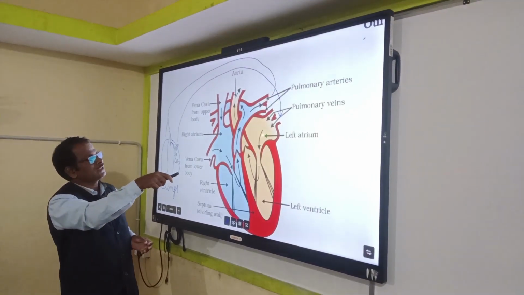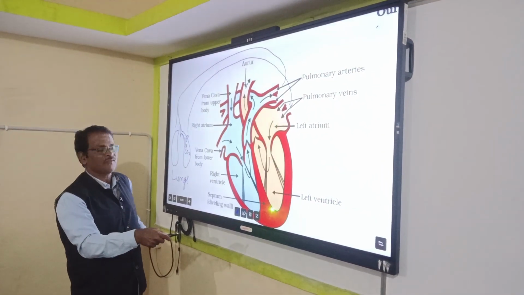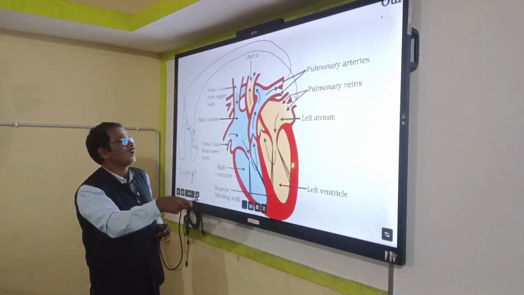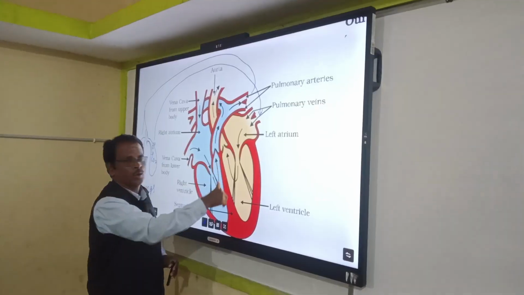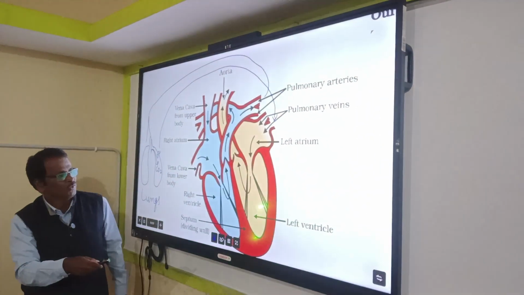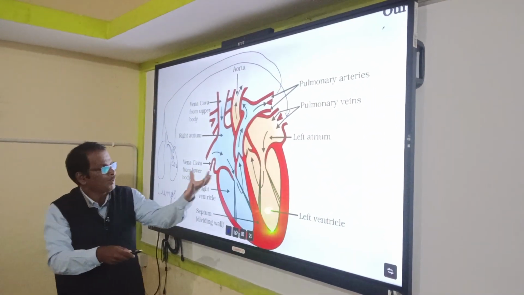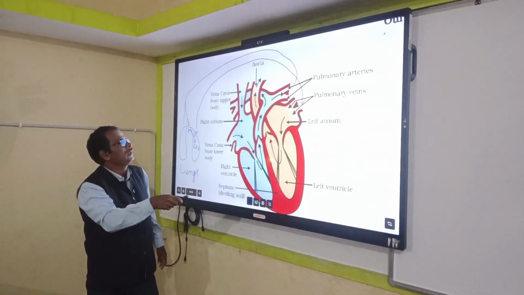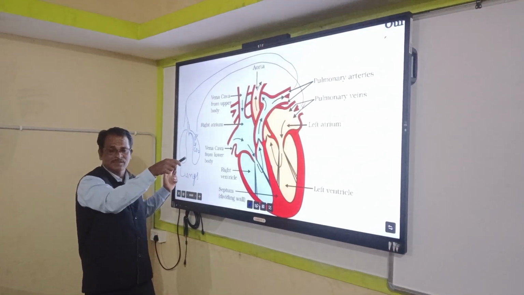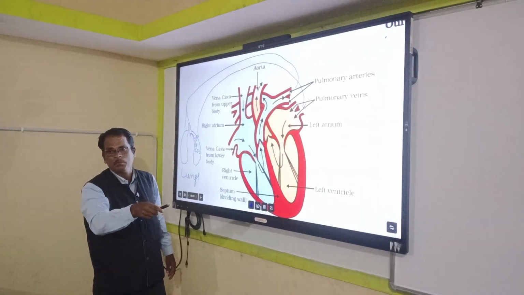The muscles of the left ventricle are stronger than this one. Here the blood only flows from the upper side to the lower side, whereas the left ventricle has to pump hard, moving the blood after purification from the lungs to all parts of the body.